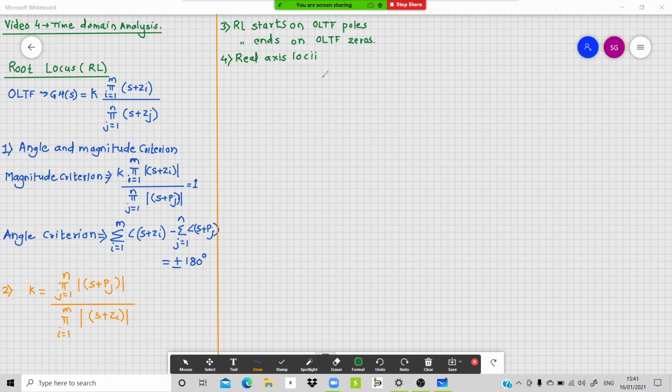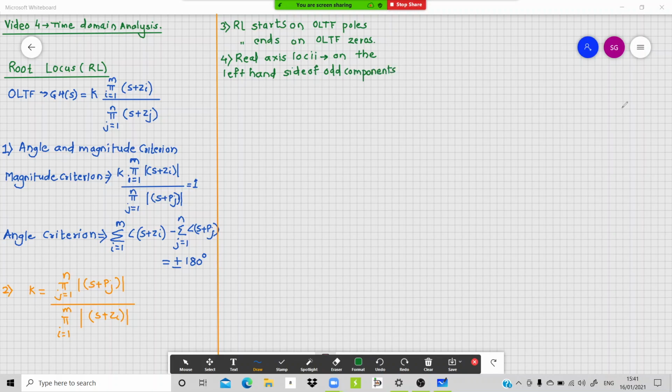The real axis locus is on the left hand side of odd components. Right?